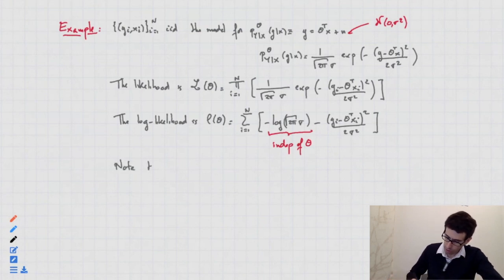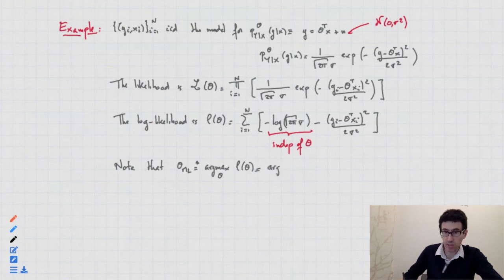And therefore, note that the problem of finding the maximizer is the problem of finding the argmax over all theta of l of theta.